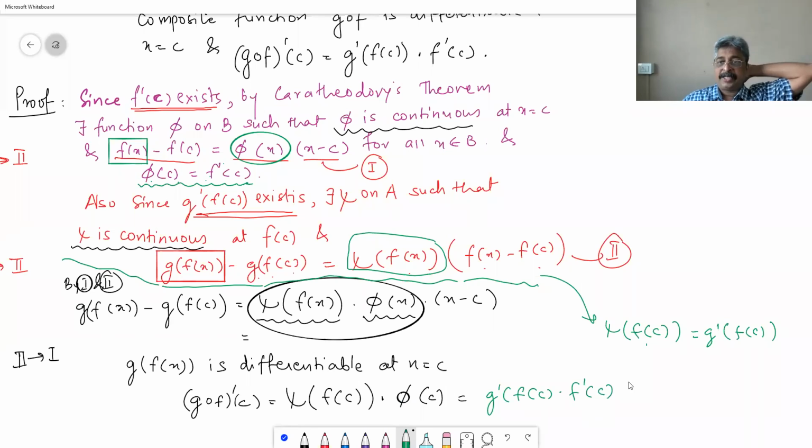So the only interesting part in this is, because of this Carathéodory's lemma, it is exactly similar to part 1 twice and the converse, part 2. It happens exactly the same way. Now, because we have Carathéodory's lemma ready with us, we could complete this in this fashion.